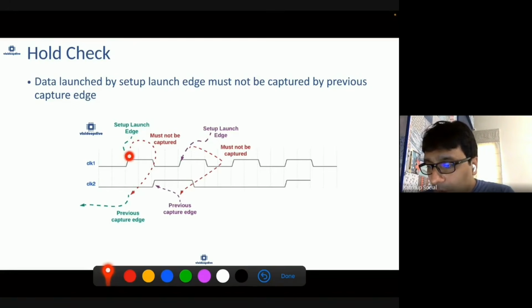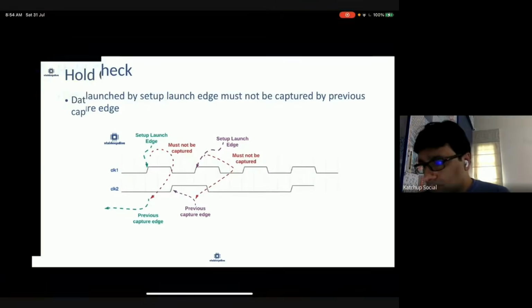This must not be captured by the previous edge. So data launched by setup launch edge must not be captured by previous capture edge. So that is one rule.